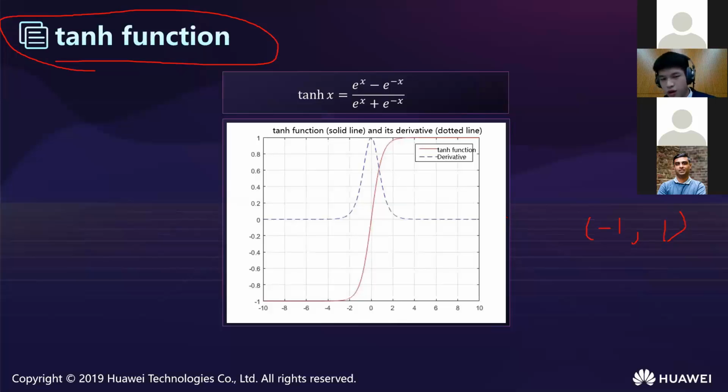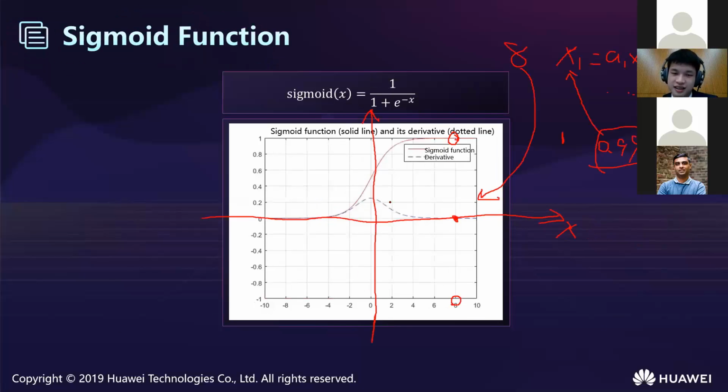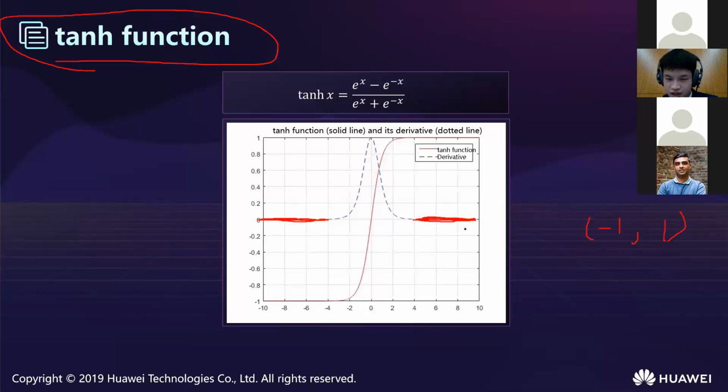So what's the problem of the sigmoid function and the tanh activation function? Here, in the range smaller than -4 and bigger than 4, the derivative of the sigmoid function and the tanh activation function are very, very small, close to 0.